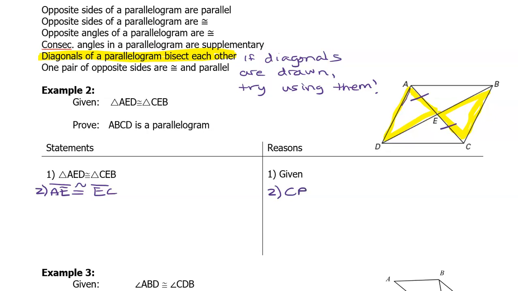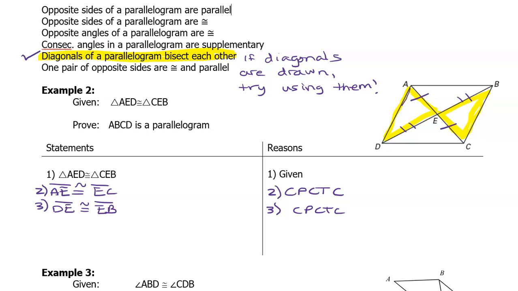That would be CPCTC, because these are corresponding parts of congruent triangles. How did I know the triangles were congruent? Because we were given that they were congruent. Okay, so you could do the same thing with DE and EB. For the same reason, CPCTC.